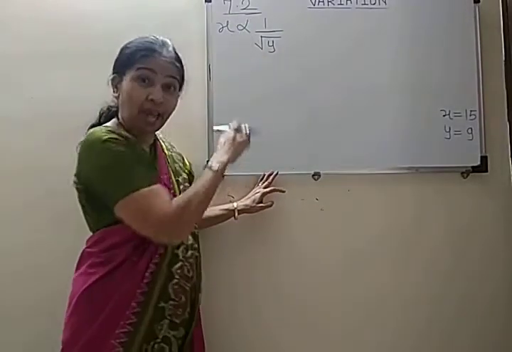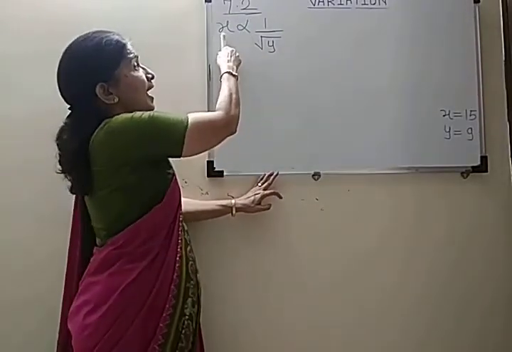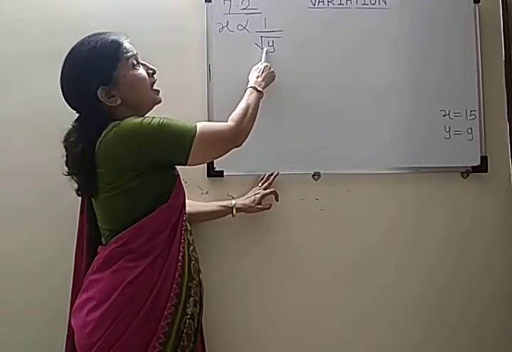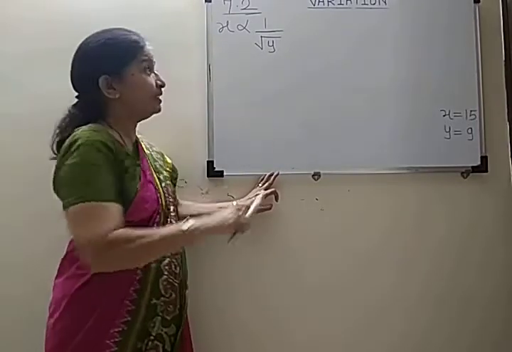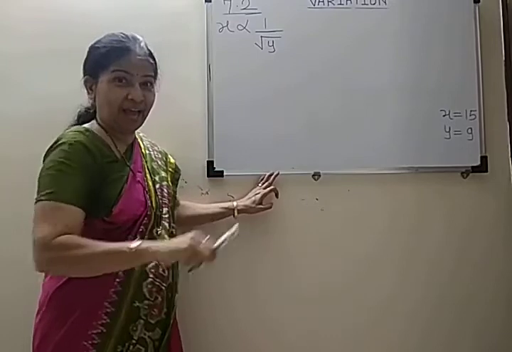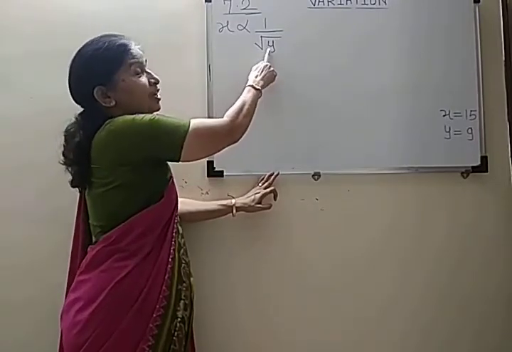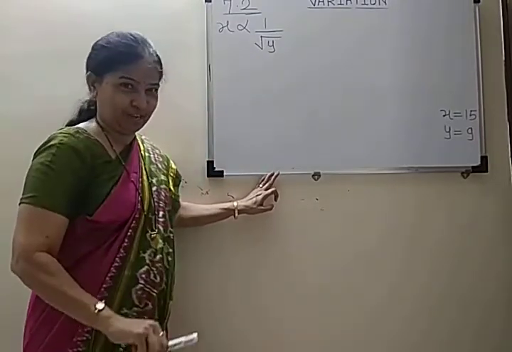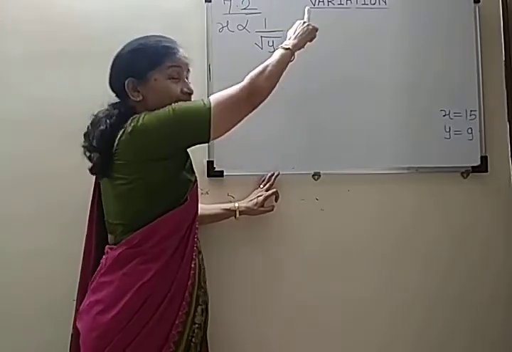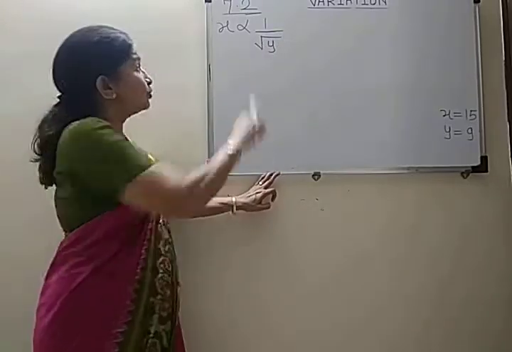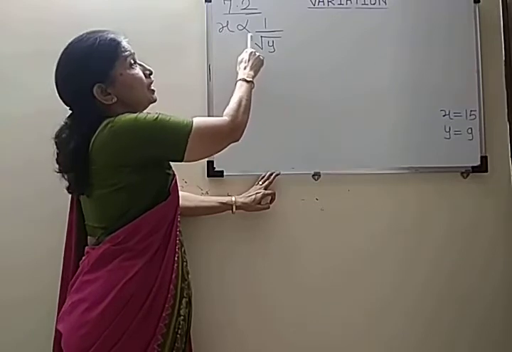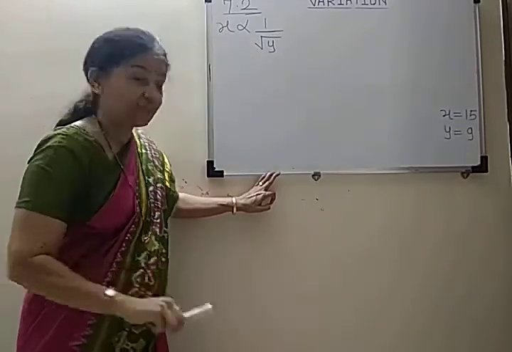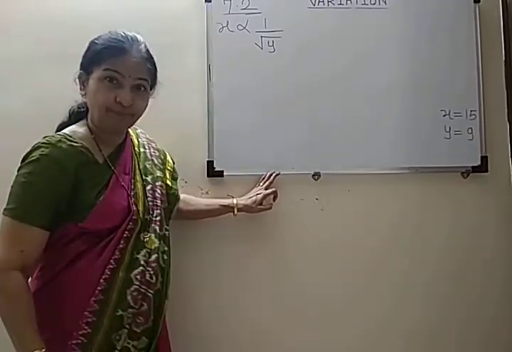In 7.2, they have given us x inversely varies as root y. This is inverse proportion, inverse variation. So, x inversely varies as root y.